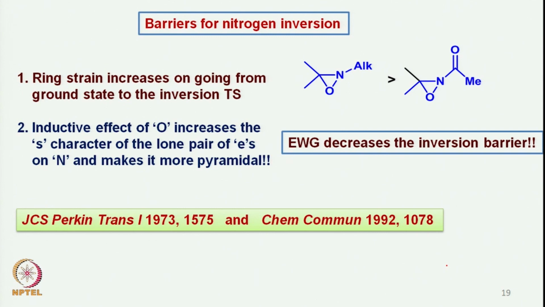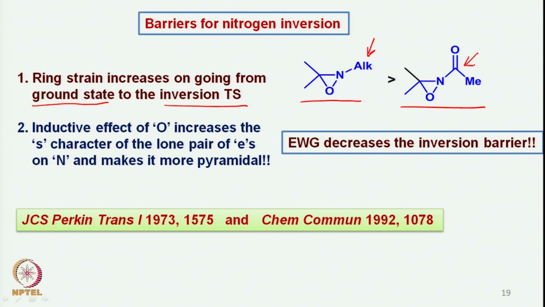Obviously, we go from the ground state to the transition state, and on inversion at the transition state the strain will increase. When you have an N-alkyl substituent versus an N-acyl substituent, the strain increases with the alkyl group, and the strain decreases when we have an electron withdrawing group.